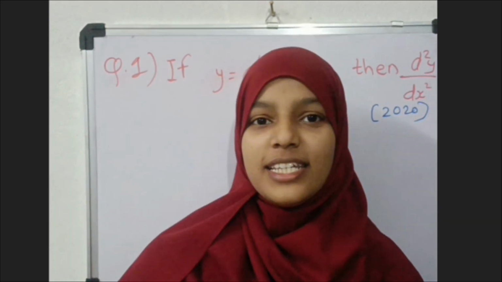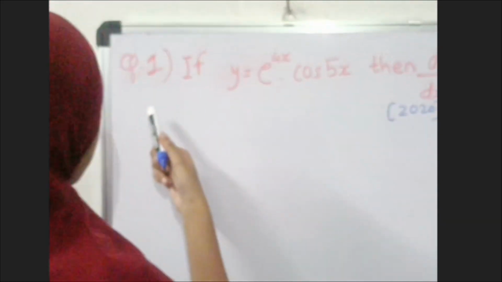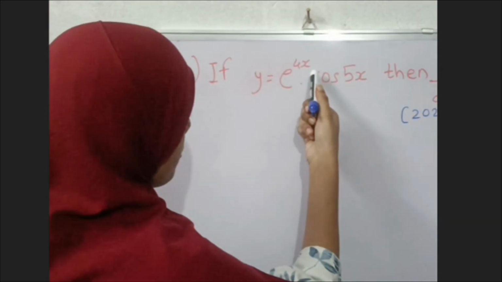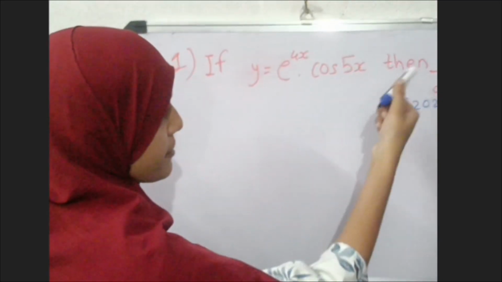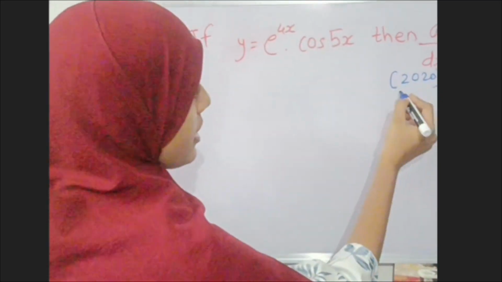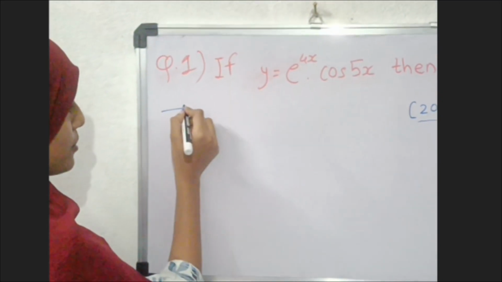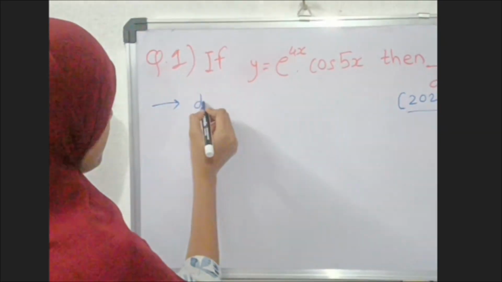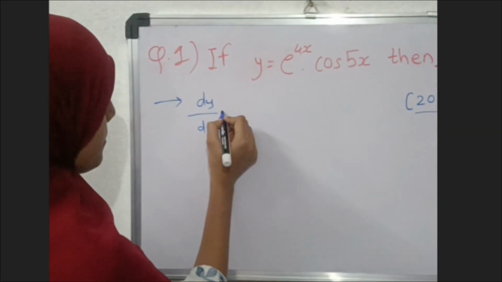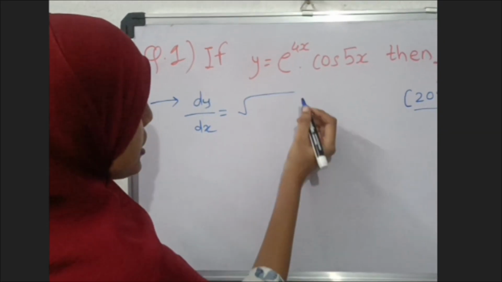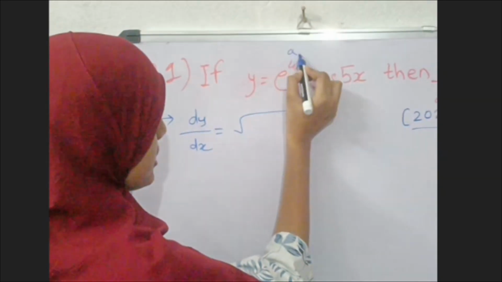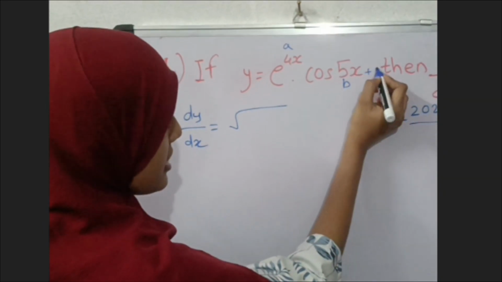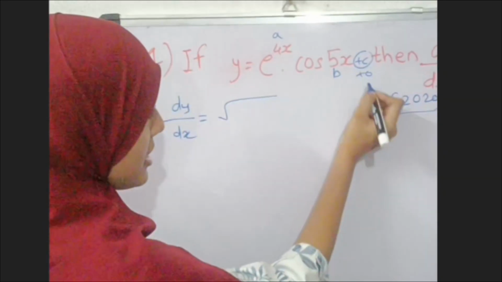So let's move towards our next question. Here we are given y is equal to e to the power of 4x into cos of 5x. We have to find d2y by dx square. It was repeated in 2020. So let's find it. d2y by dx square will be (under root a square plus b square). Here this is a, this is b. Here the c function is not present, so it will be nothing but 0.